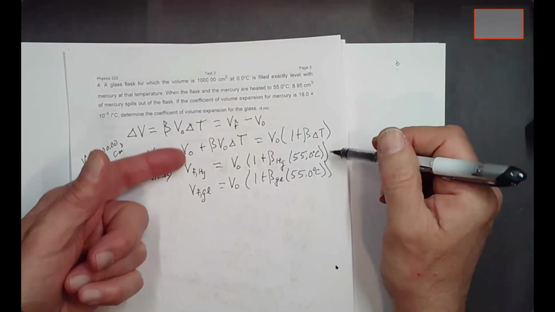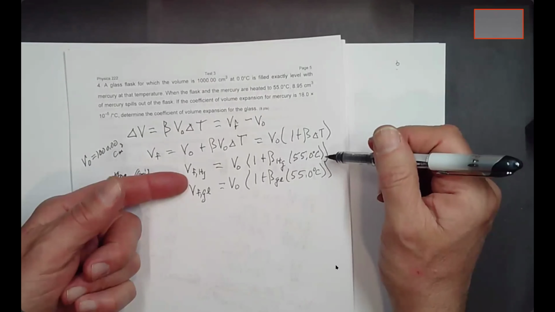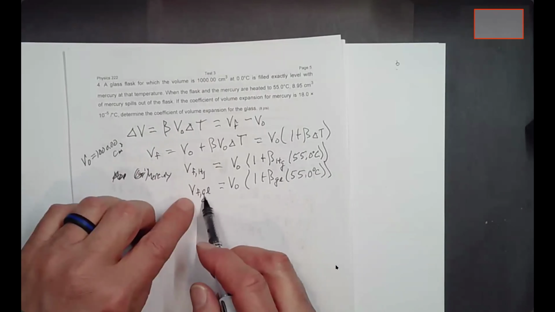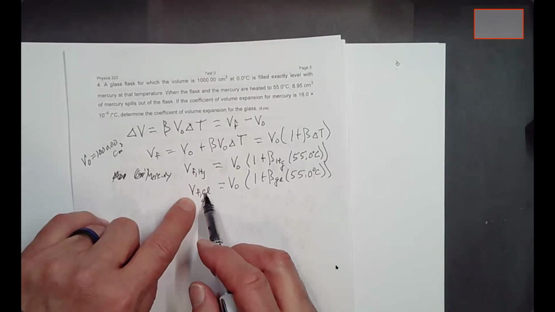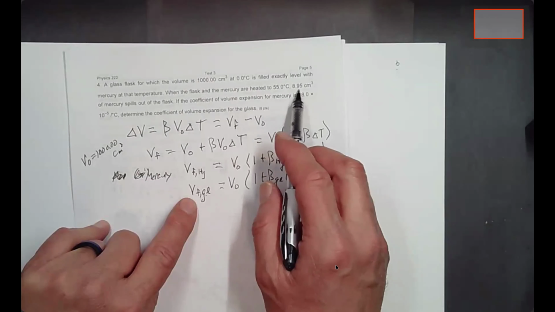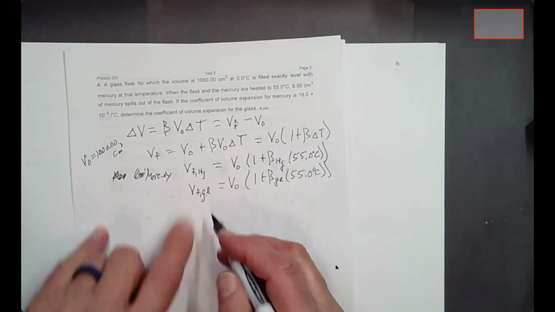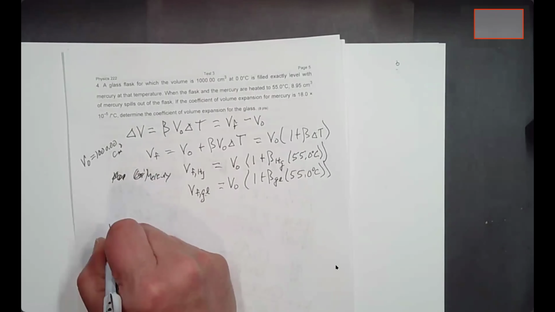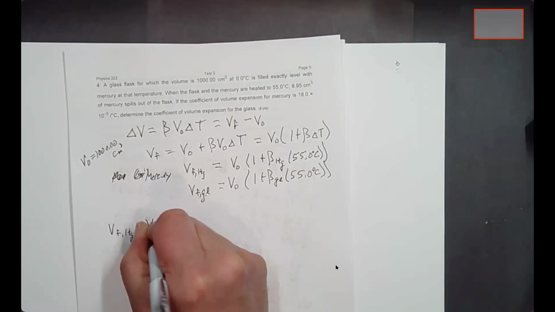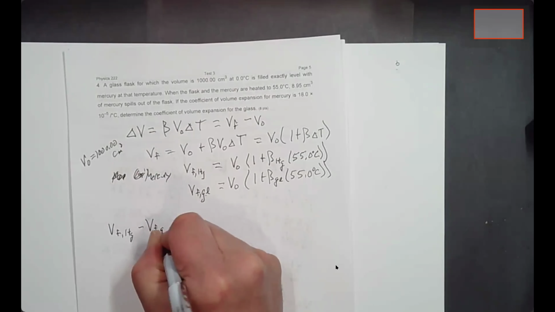So between those two equations, I should be able to figure this thing out. And this is bigger than that one by, no, that's not what it is, by 8.95 centimeters cubed. So V final for the mercury minus V final for the glass.